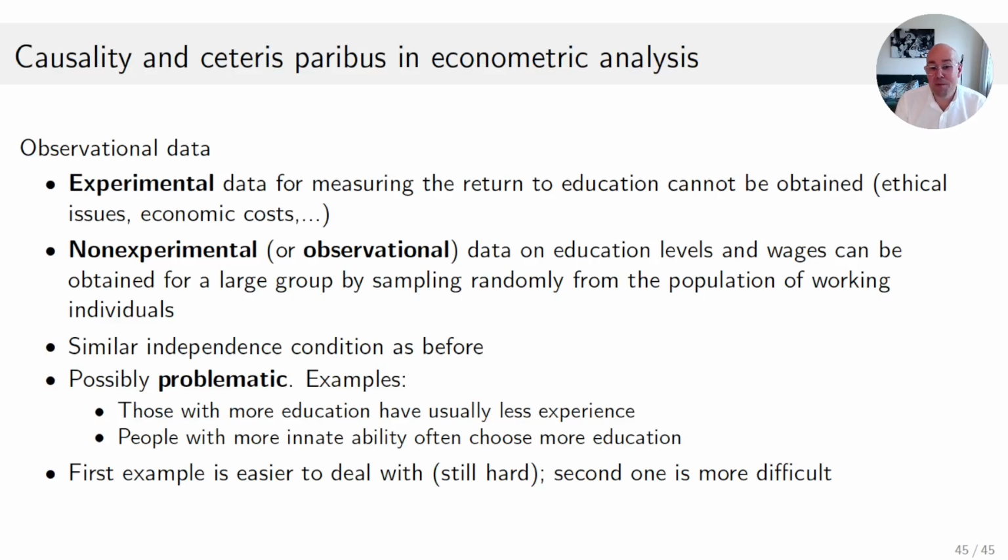And people have thought about these questions for a long time, and a lot of interesting and promising approaches have been developed in econometrics. So you're going to see some of that. In general, it's all about getting at causality and getting at that ceteris paribus effect that is of interest here.